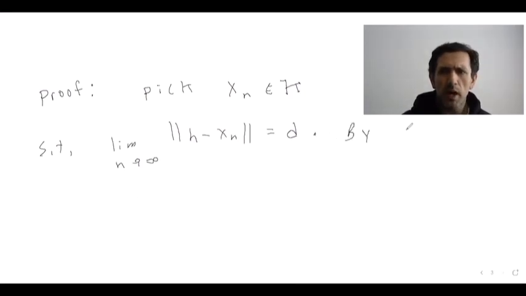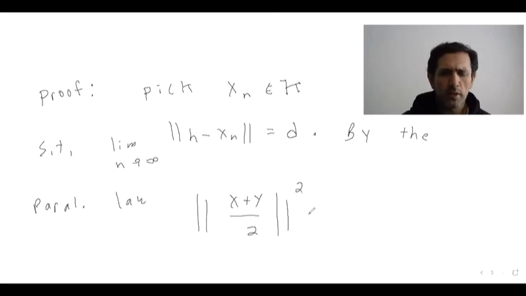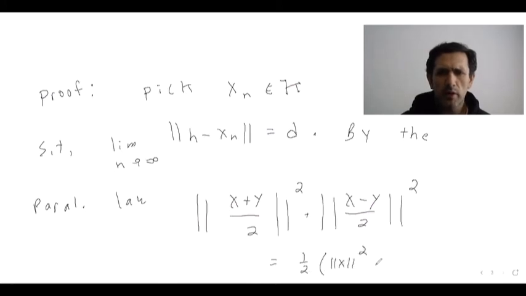Okay, so by the parallelogram law, instead of x and y, we're actually going to replace x and y with x over 2 and y over 2. If we do that, we get the following. The norm squared of (x plus y) over 2, plus the norm squared of (x minus y) over 2, is going to be given by 1/2 times (norm x squared plus norm y squared).